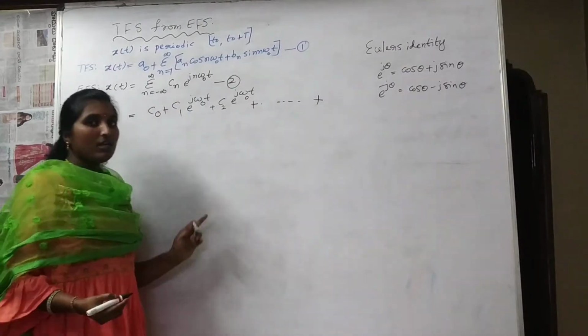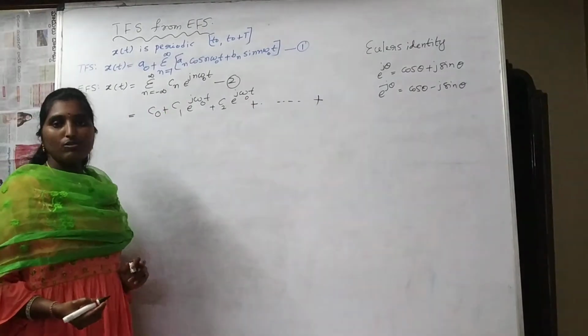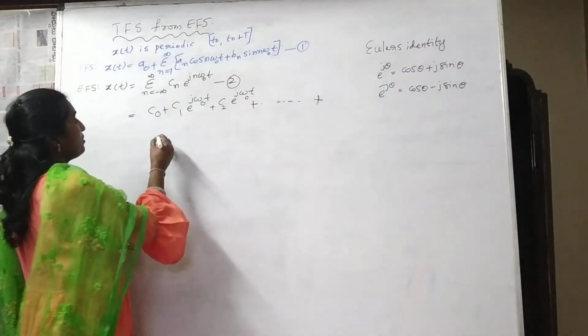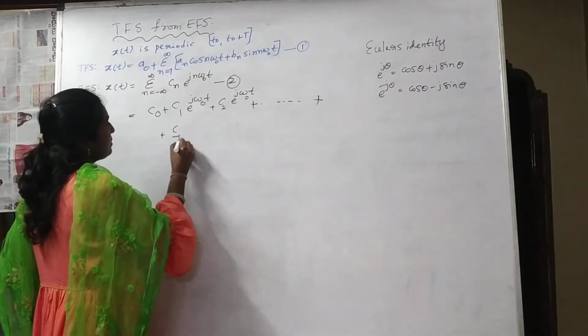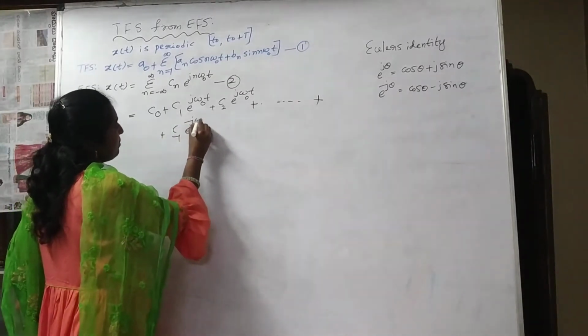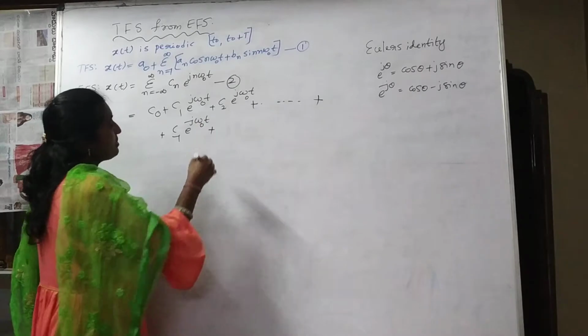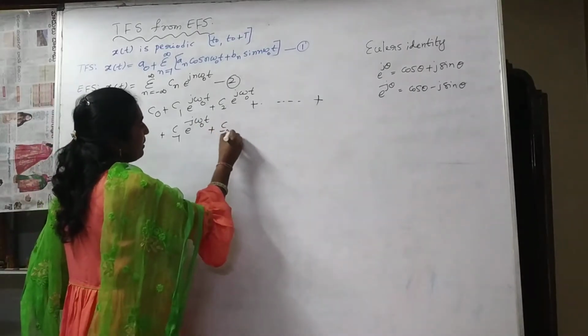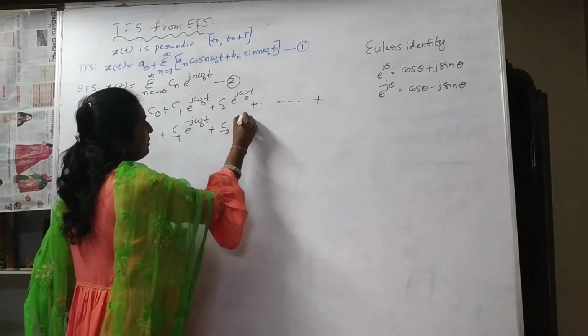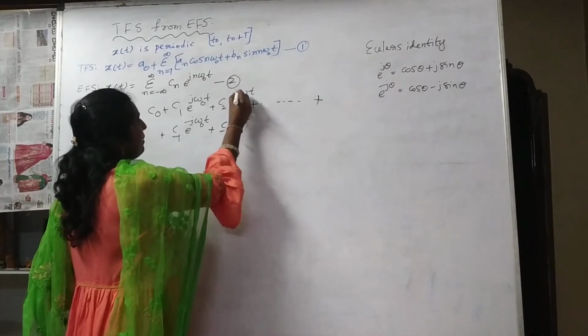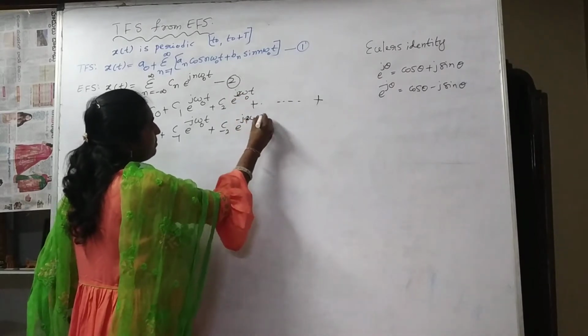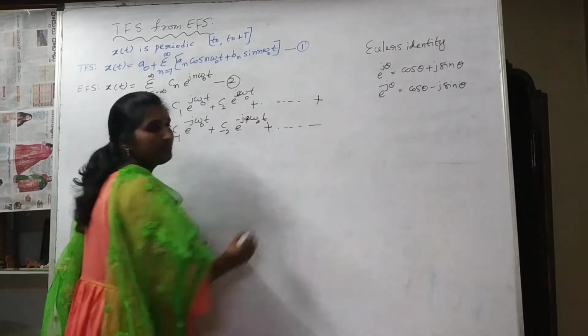It will also take negative values of n. For n equal to minus 1, C minus 1 e^(minus j omega naught t), plus C minus 2 e^(minus j 2 omega naught t), and so on.